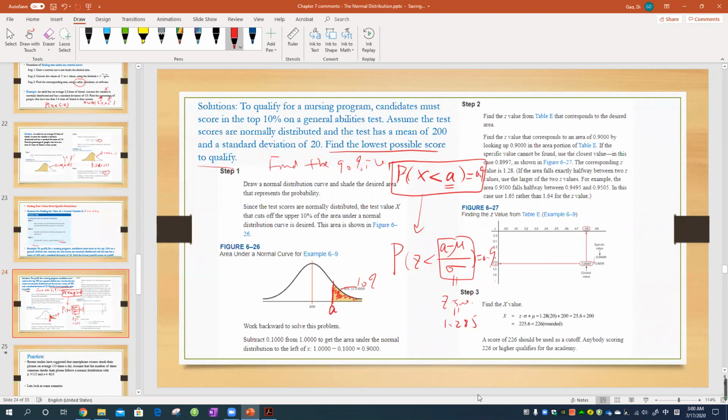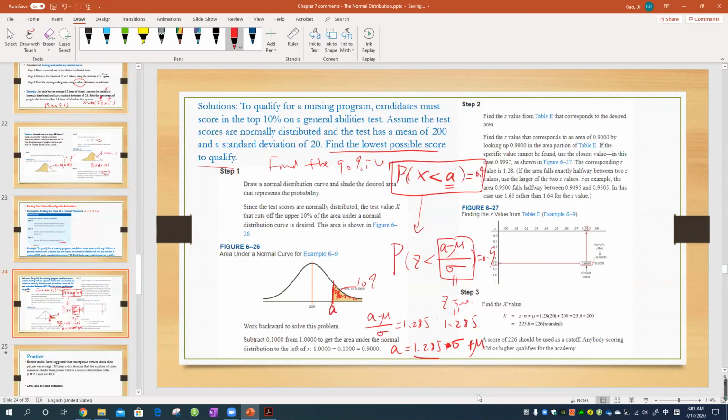So what is 1.285? This whole thing, right? So that tells us a minus mu over sigma equals 1.285. So a equals 1.285 times sigma, and then plus mu.